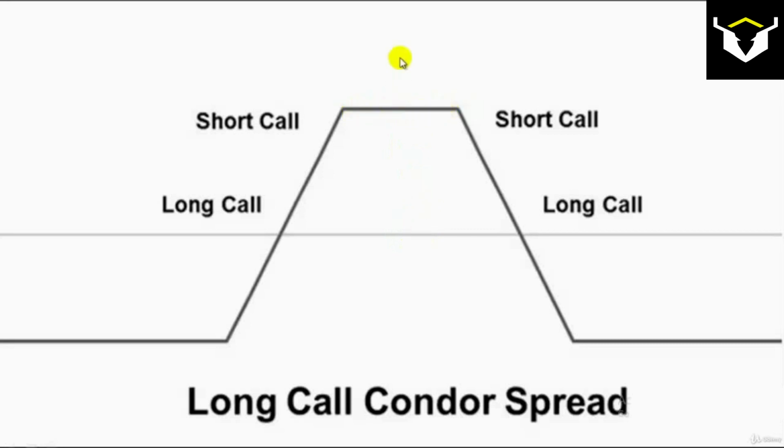Beyond this point, even if time was to extend any further, he will not make any more profit. So this is a limited profit and limited loss setup. In this long call condor spread, there are four strike prices used, two of them in the money, and two of them out of the money. So a fairly large trading range has been set up to take advantage of the trading range.